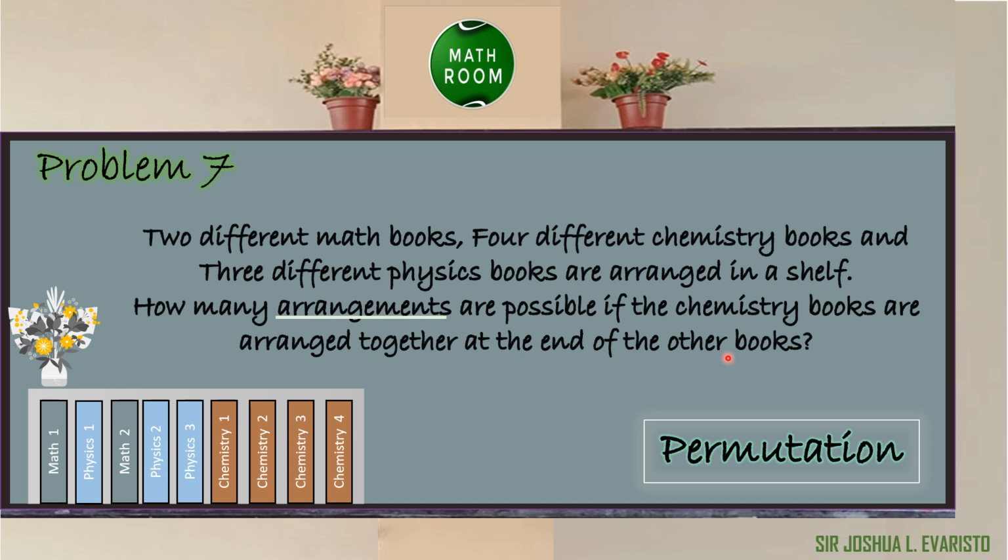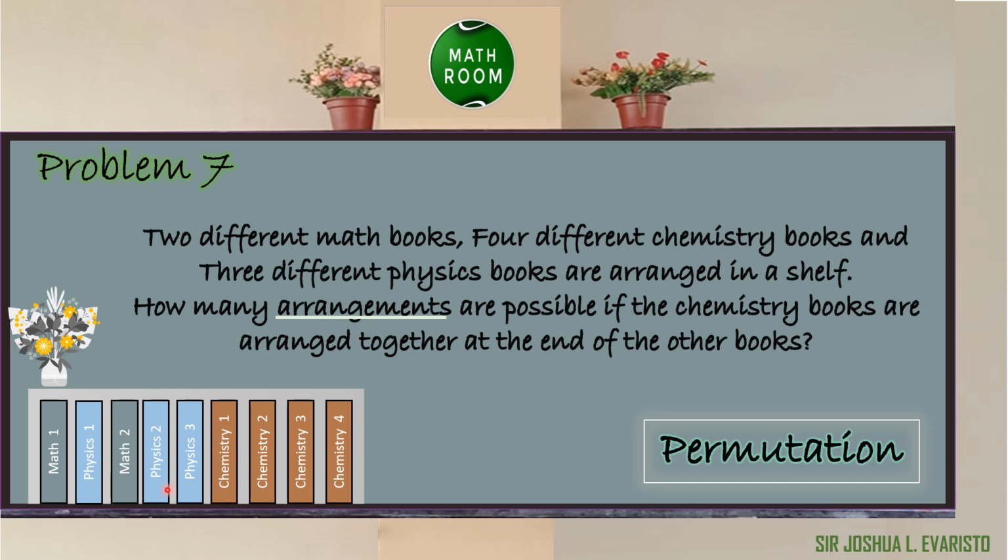According to the problem, the chemistry books are arranged together at the end of the other books. So we will group them as set A. And set B are those non-chemistry books, which are math and physics.